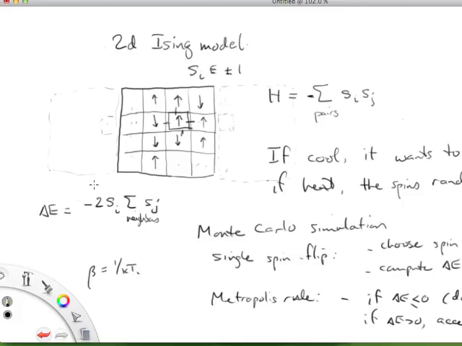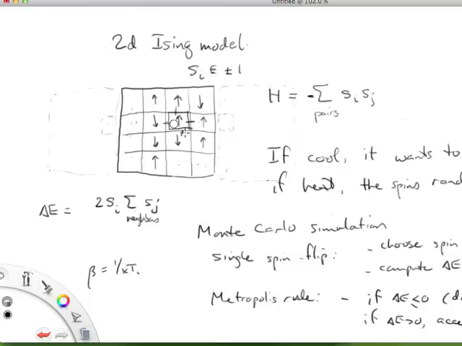Now I realized I made a sign mistake back here in writing down the energy change, because actually if Si and Sj were all the same between it and its neighbors, then my energy change is certainly going to be positive because I'm going to flip from a negative value to a positive value.